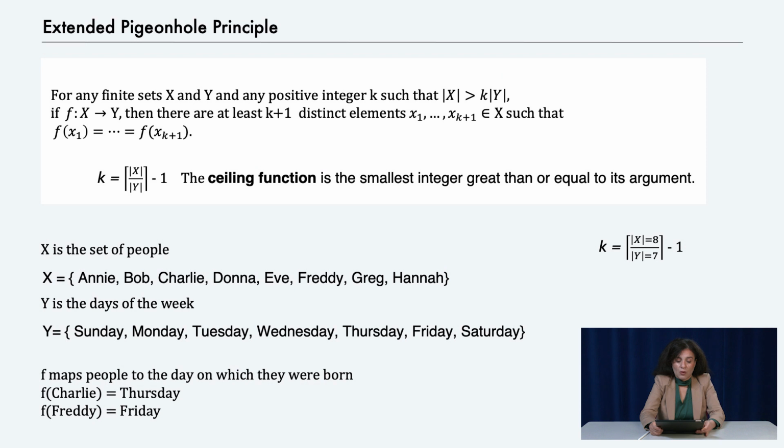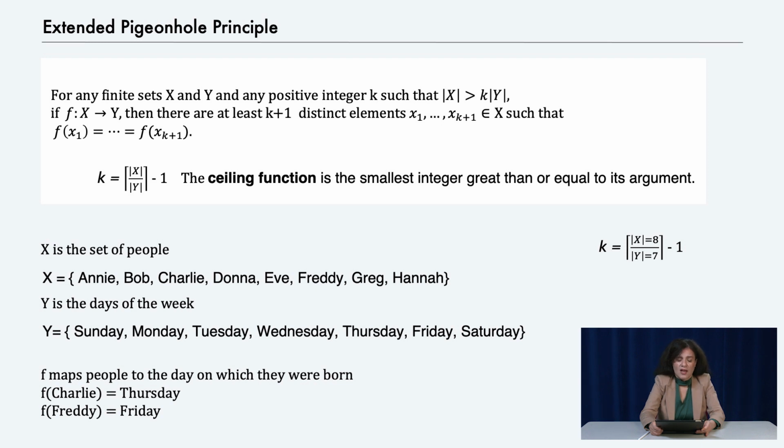Now the pigeonhole principle tells us that since the cardinality of X, the number of people, is 8, which is greater than the number of days of the week, 7, then at least 2 people must be mapped to the same day of the week, or 2 people must have been born on the same day of the week.